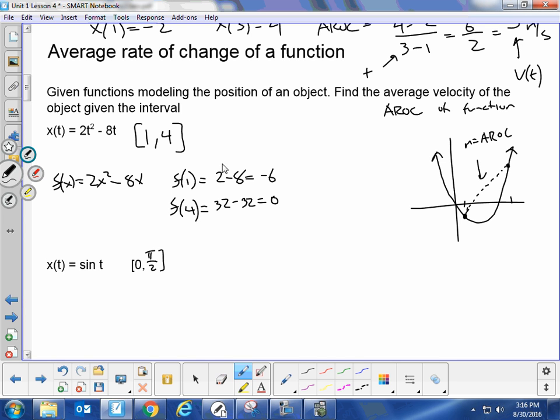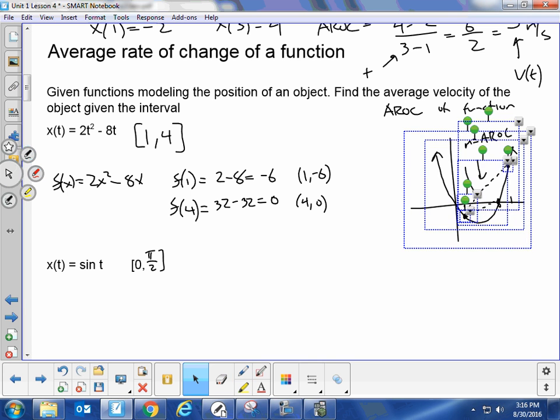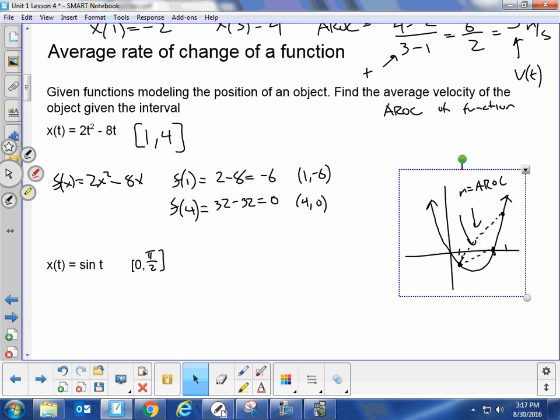Okay. Giving me my 2 points, I have the point 1, negative 6, and 4, 0. So I should actually be like over here. That slope would be the average rate of change in this situation. And then all I need to do is find the slope between those 2 points.